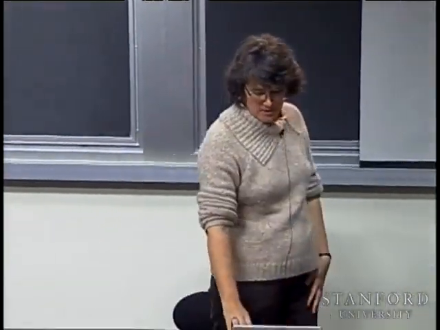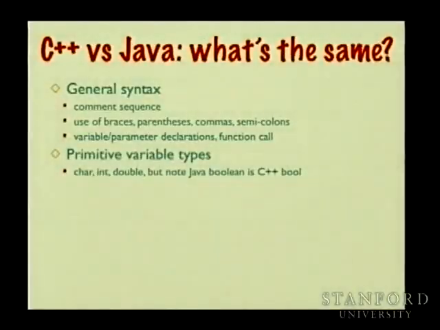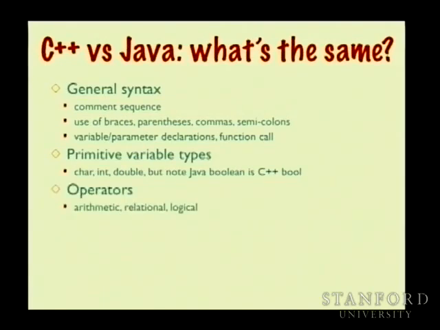No changes there to be aware of. All of the primitive variable types, char, int, double, plus the more esoteric long, float and short, are present in C++ and have basically the same semantics as in Java. There is one minor adjustment: Java's Boolean type, the true-false variable type, is actually called bool in C++. So you have to type a few fewer characters on that end.